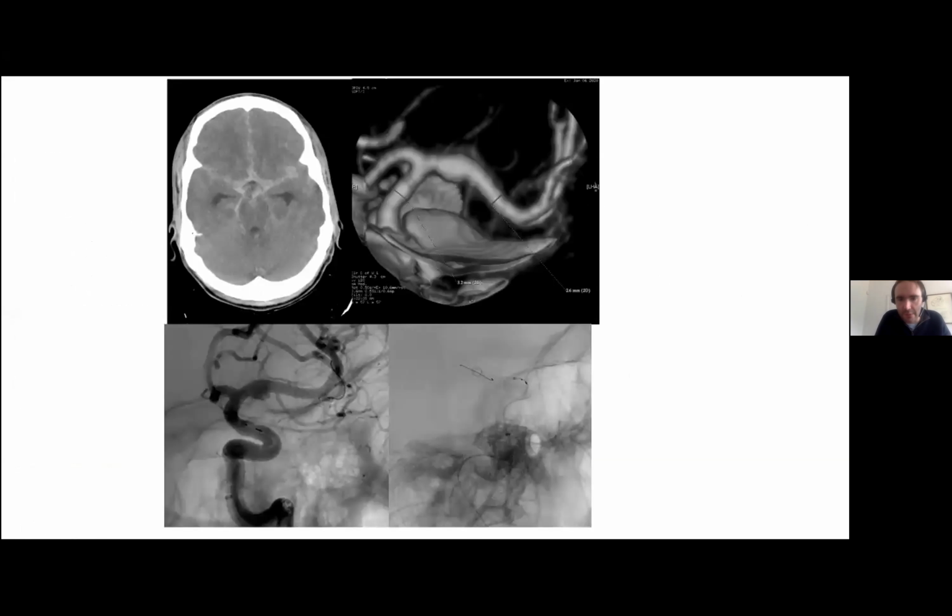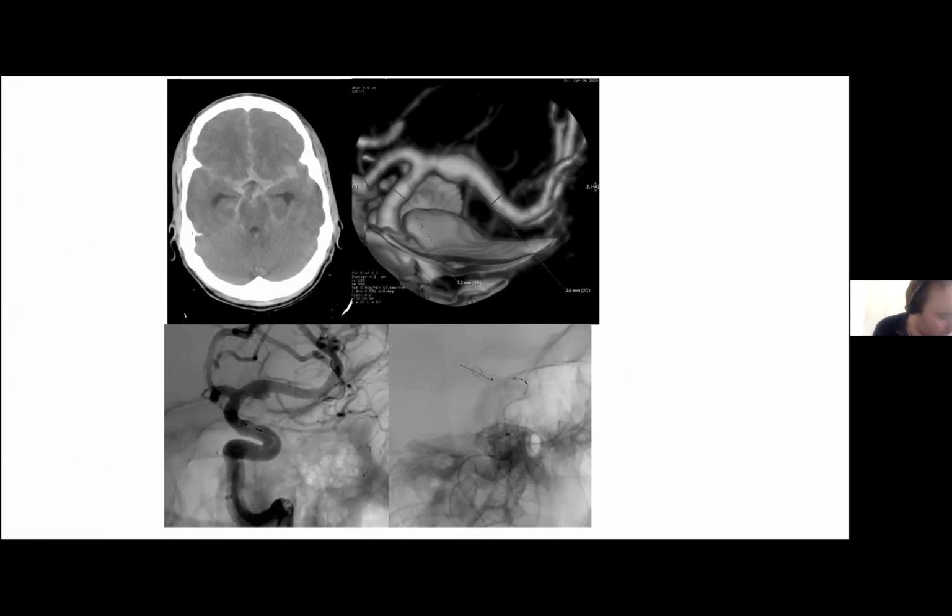All right, so this was a good one. You can see the stent there, and this guy did well. He had a follow-up angiogram which showed that the aneurysm was completely gone at about 6 months. The difficulty with these patients is that they have to be given dual antiplatelets, because if you put metal inside a vessel, it tends to promote clotting and thromboembolic complications.